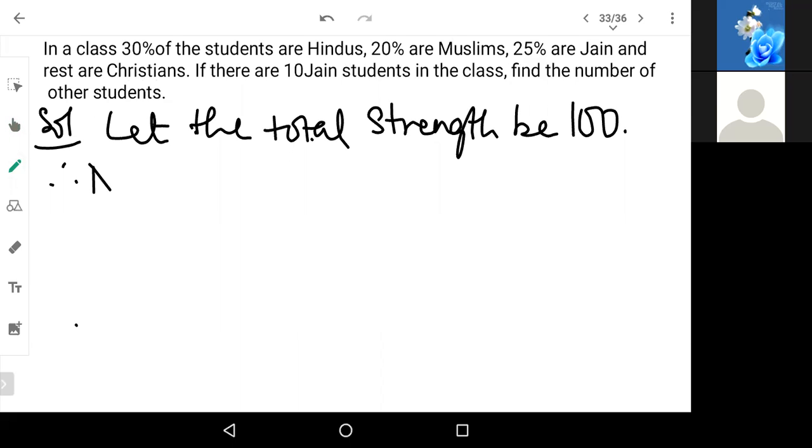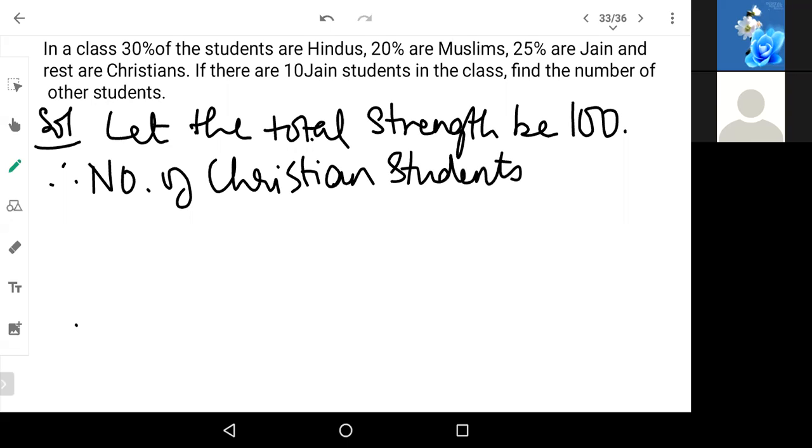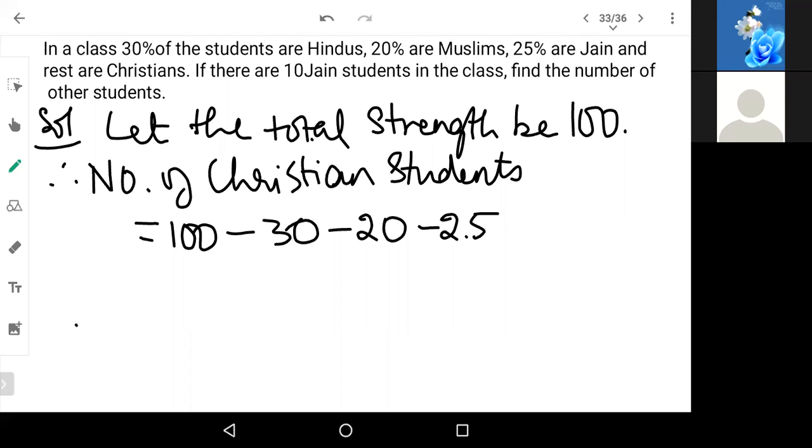Number of Christian students is equal to 100 minus the percentages of Hindu students 30, Muslim students 20, and Jain students 25. So 30, 50, 75. So 75% is already covered. What is remaining? 25% is remaining. So the Christian students are 25%.